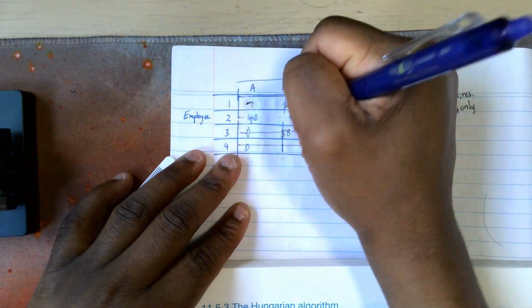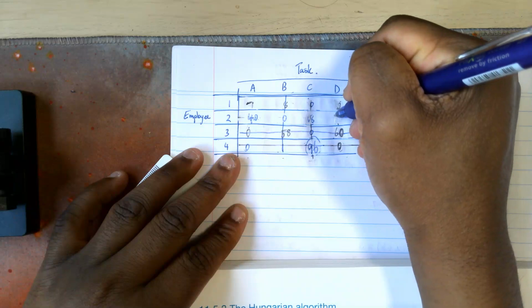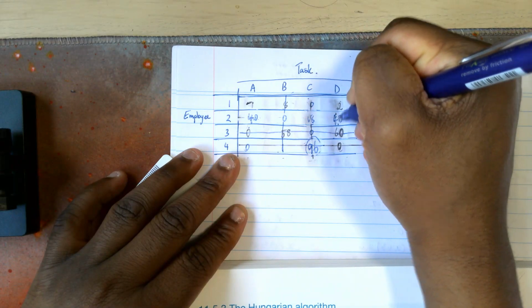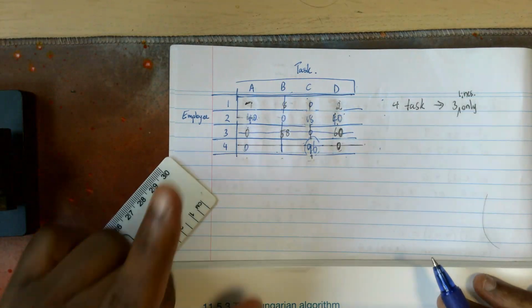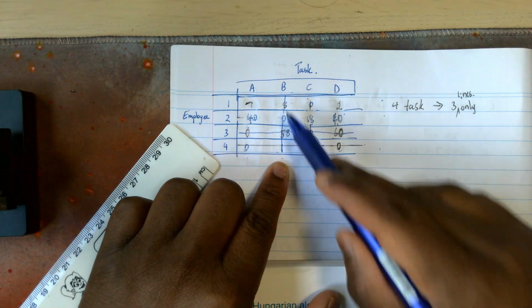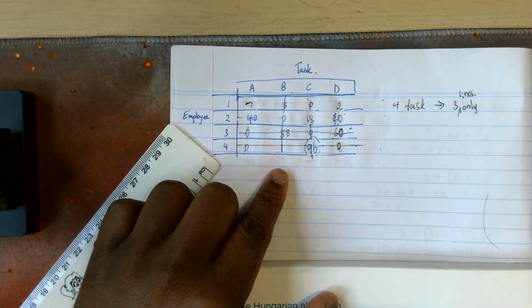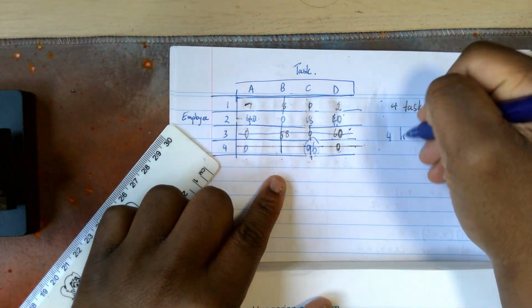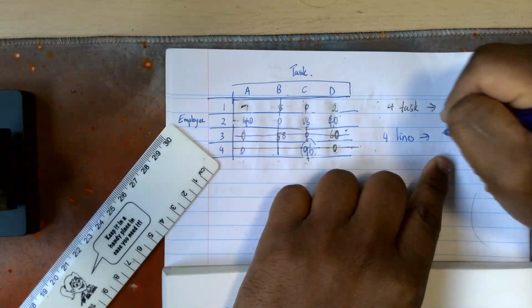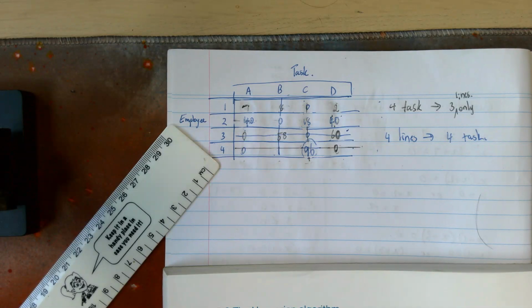It's 40 here, 0 there, 18, 40. Alright, so minimum number of lines. I've got 1, 2 vertical lines, and then 3, 4 horizontal lines. So there are 4, now I've got 4 lines and 4 tasks. So now I can allocate the jobs.